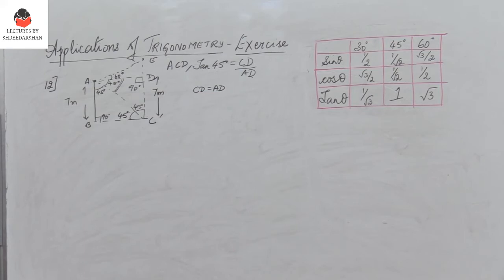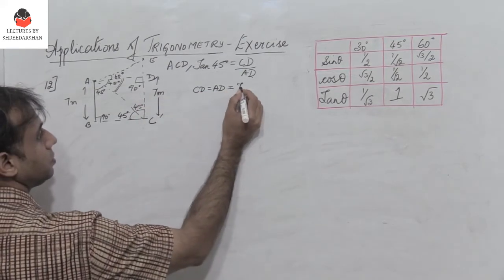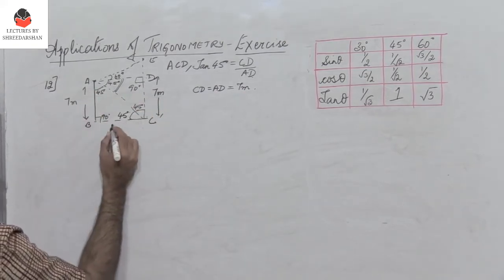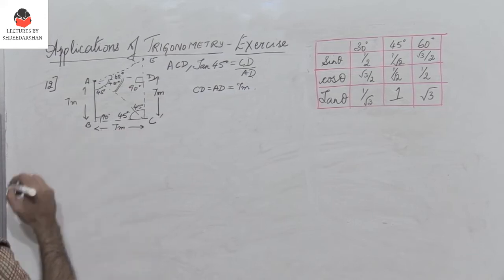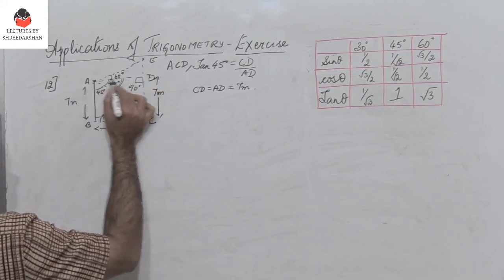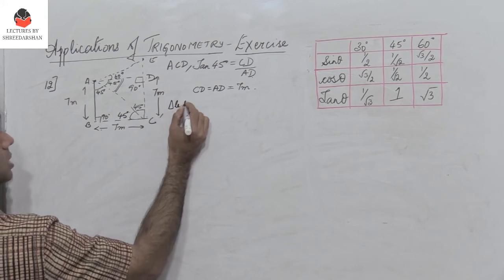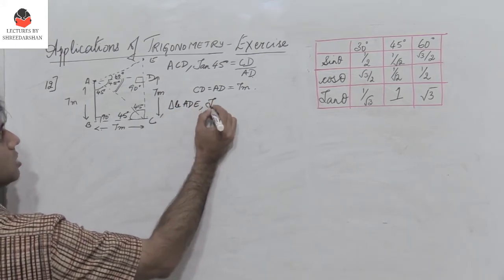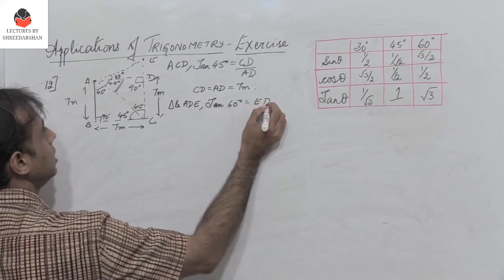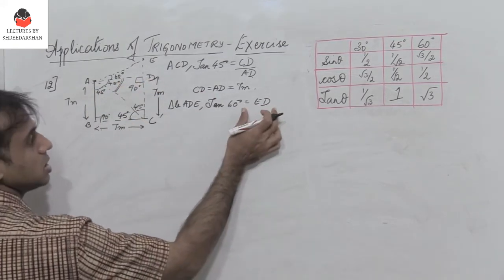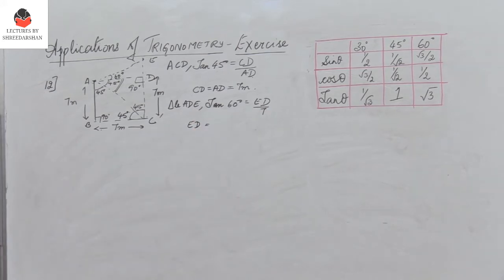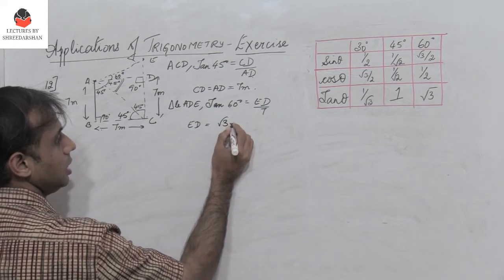But we know that CD is 7, so AD is also 7 meters. So now let me consider the right angle triangle ADE. What is tan 60 here? It is the opposite side, which is ED, divided by the adjacent side AD. AD is 7. So ED is tan 60 into 7, which is root 3 into 7 meters.